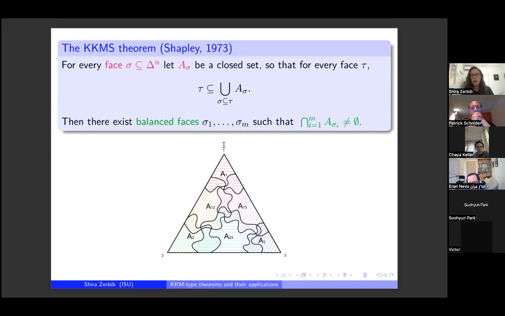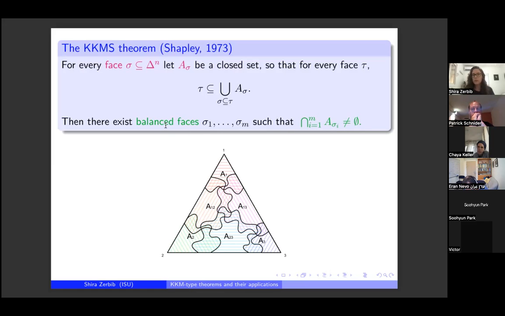And then the conclusion is that it's not true anymore that all the sets intersect, as we see even in this small example. But what is true is that we can find a balanced collection of faces, sigma 1 to sigma m, such that their corresponding sets intersect.